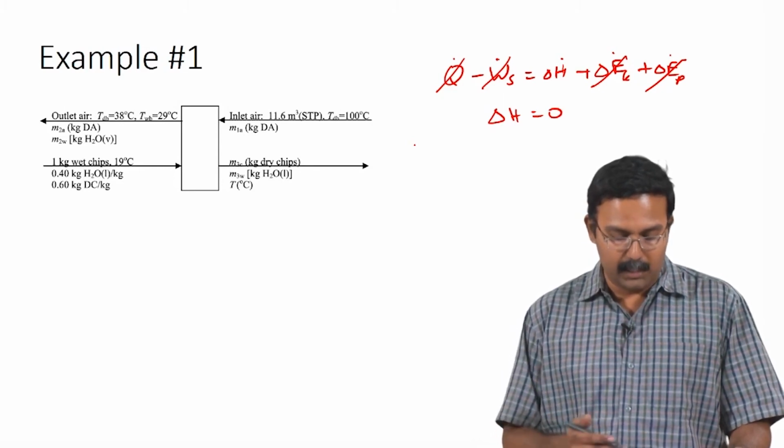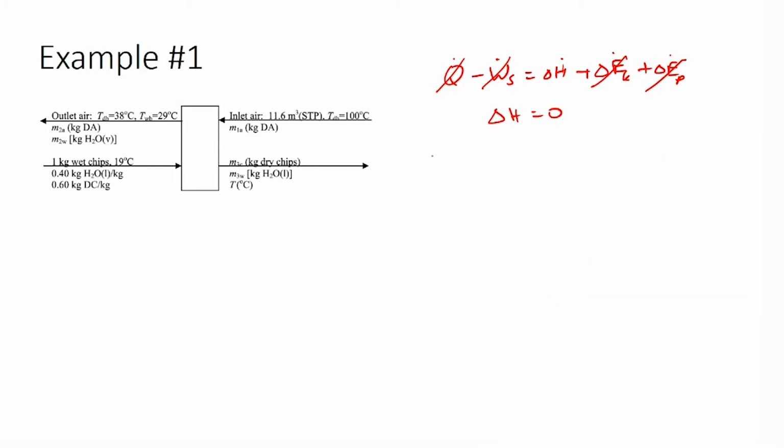You could use different temperatures as well. This would mean that the reference states are dry air, water liquid and dry chips at 0 degree Celsius. This is the reference state we have used.